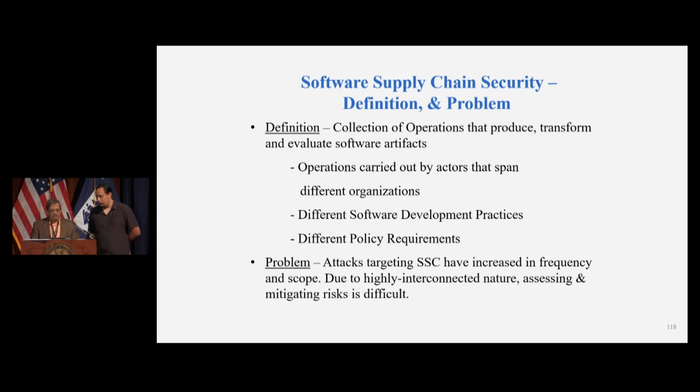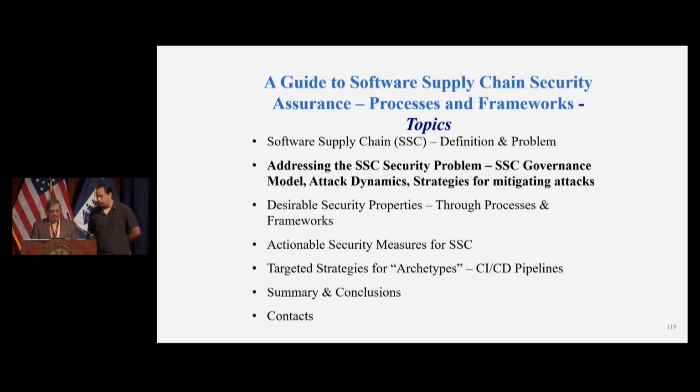In the modern context of open source and proprietary software, it is acted upon by different organizations and actors, each guided by different policies because they all operate in different domains. But the reality is that attacks against the software supply chain have increased, and that's the problem we want to address today.